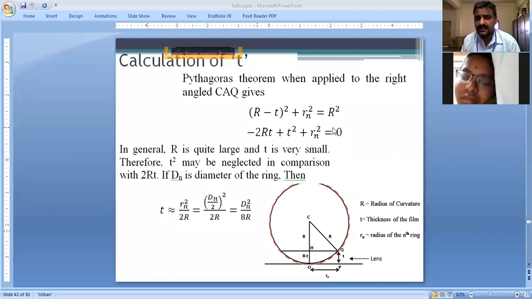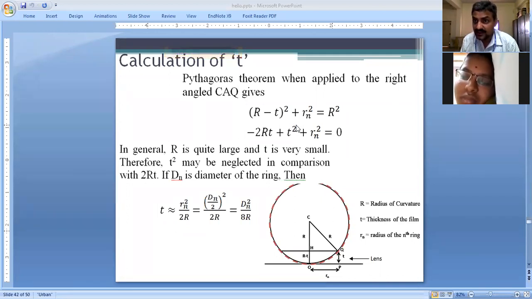Right? Here you have to remember one thing. I said T is pretty small. T is a fraction of a millimeter, sometimes a millimeter or a fraction of a millimeter. If you take any quantity which is less than 1 and square it, you will not get a big number. Let me give you an example. If I give you 2 and ask you to square it, 2 squared is 4, 3 squared is 9.